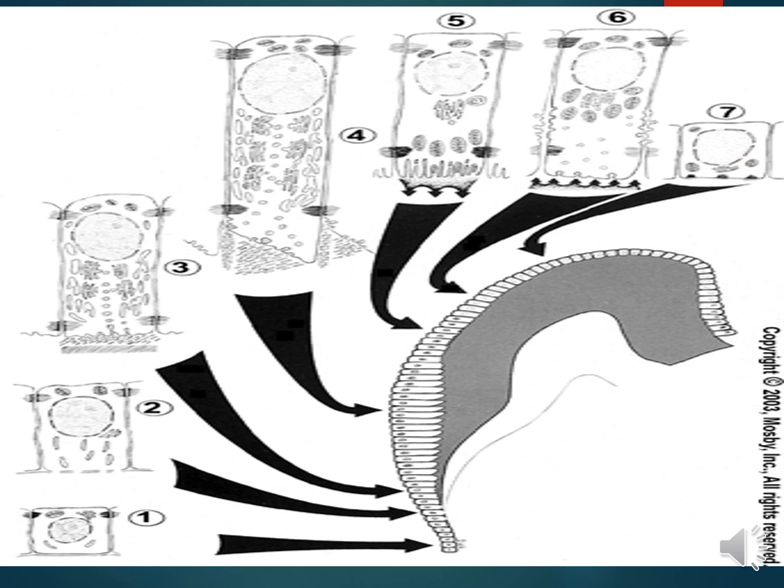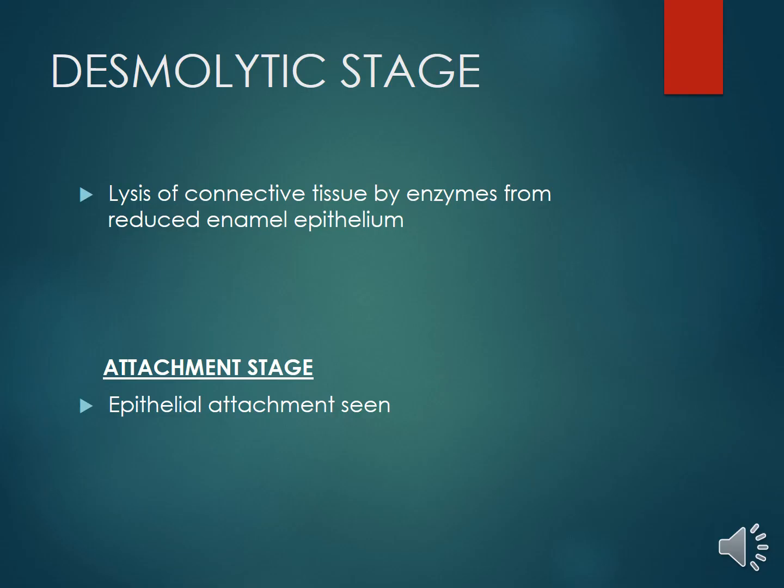This amelogenesis is entirely controlled by various genetic factors, hormones, enzymes, and good nutrition. Without good nutrition, the ameloblast cannot lay down good quality enamel. So in the desmolytic stage, what happens? The reduced enamel epithelium secretes various enzymes. These enzymes degrade the overlying collagen.